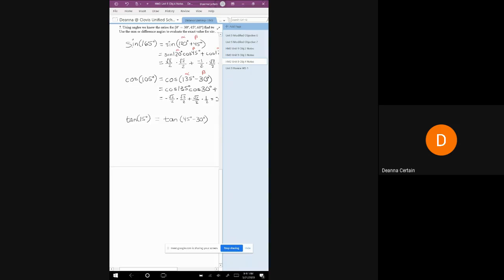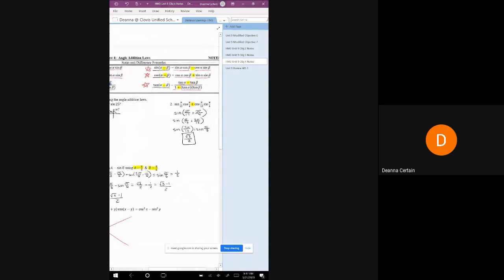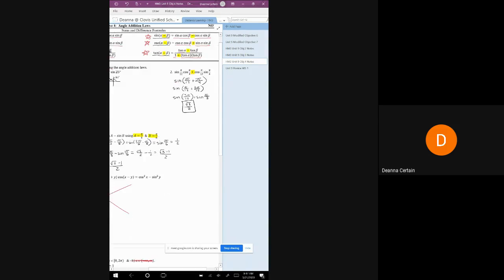I know I had some people who did 60 degrees minus 45 degrees. Both work. Again, slightly different work, but similar. Same answer though. Okay, so for subtracting tangent, we are looking here at tangent of alpha minus beta equals tangent alpha minus tangent beta over 1 plus tangent alpha times tangent beta.